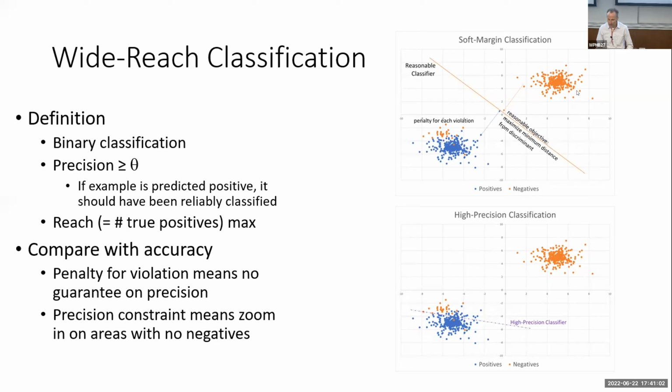So for example, if I try to maximize accuracy, what's going to happen is that a reasonable classifier, for example an SVM, in this example will find something that is in between the positives and the negatives. Now, it turns out that in these examples I have the positives in one cluster down here, and the negatives come in two clusters.